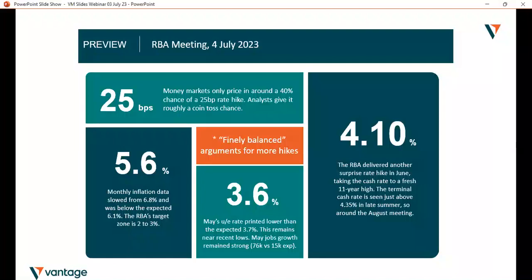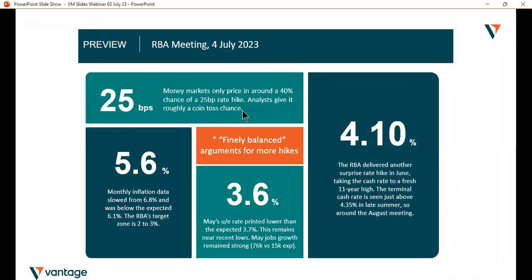After back-to-back surprises from the RBA, the stage is really set for quite a close decision. Economists who watch the RBA, it's kind of a coin flip again. 16 out of 31 economists surveyed by Reuters expect a 25 basis point hike, whereas 15 predict a pause at its current level of 4.1%.